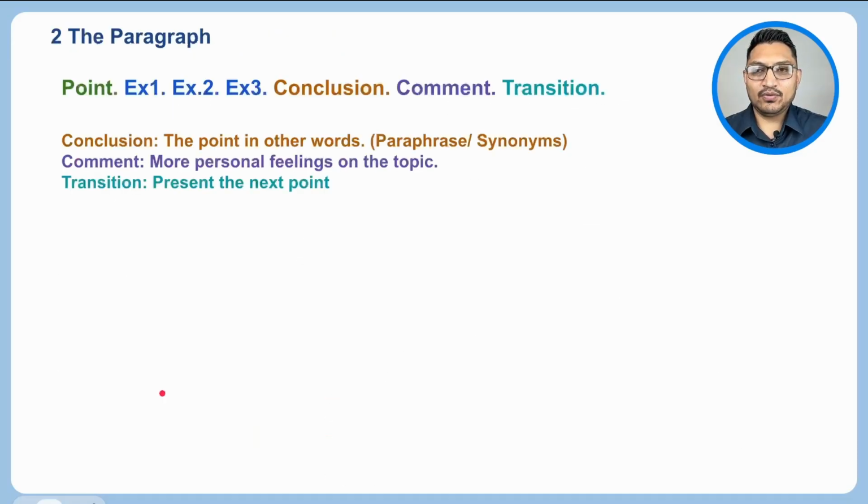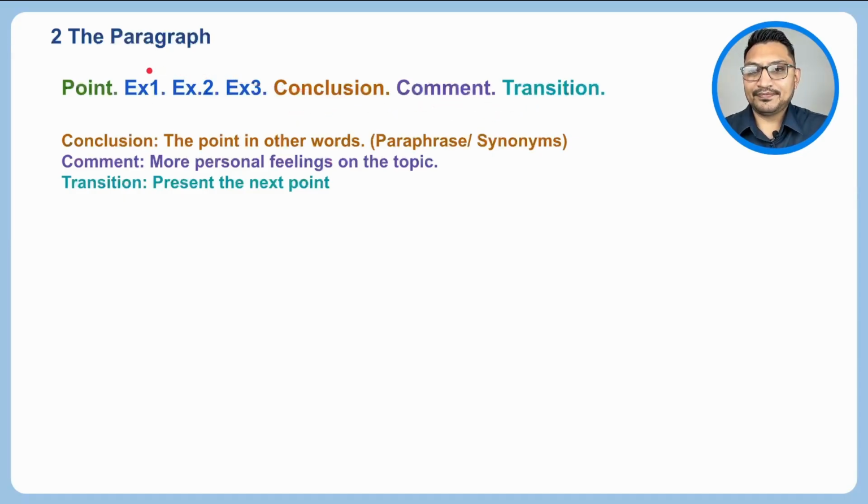part, which is the paragraph. Every academic writing is compounded by this unit of a concept, the idea, which is the paragraph. So these are the elements, or the most common elements in a paragraph: the point, 3 examples, conclusion, comment, and transition.